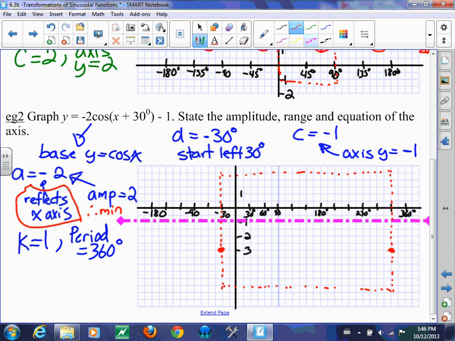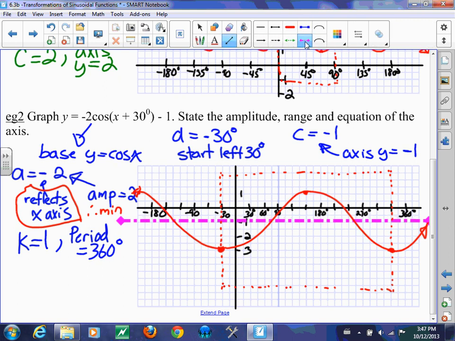Halfway between those two, which is at 150, you need to get to your maximum, and your maximum is going to be 1. So from this, you draw a nice little curve up and a little curve down. You keep that going, ladies and gentlemen, so you can get your other point, which is probably right up here. Good. Okay, so there's your graph.